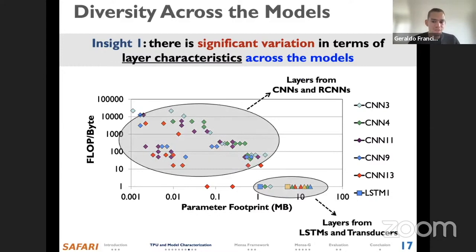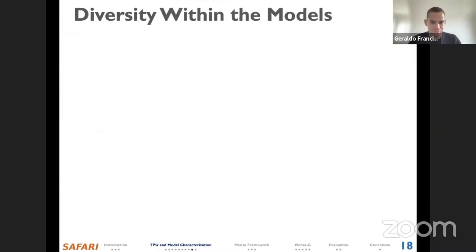So you observe from the figure that layers from LSTMs and transducers have large parameter footprints and lower reuse, while CNNs present the opposite behavior. They have not so large parameter footprints, but they have really high FLOP per byte ratios.